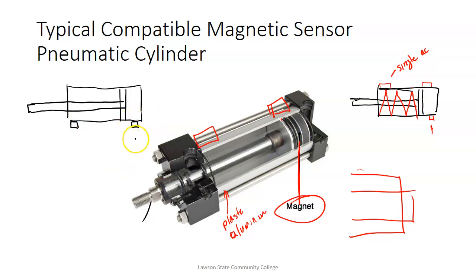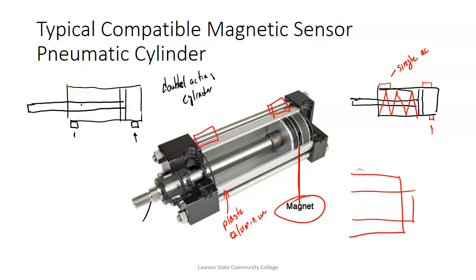So we'll come up here and put pressure, and it will cause it to extend, and then we'll take this pressure off and put pressure right there, and it will cause it to retract. So these are called double acting cylinders. And we have both of them.